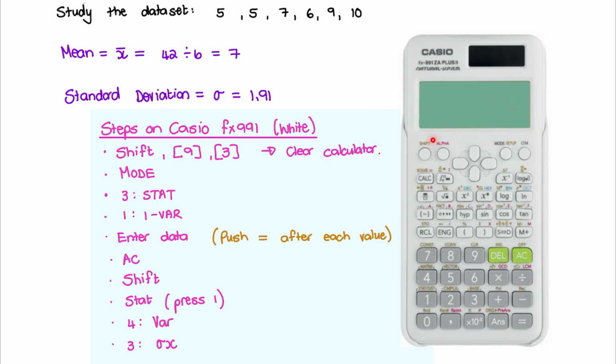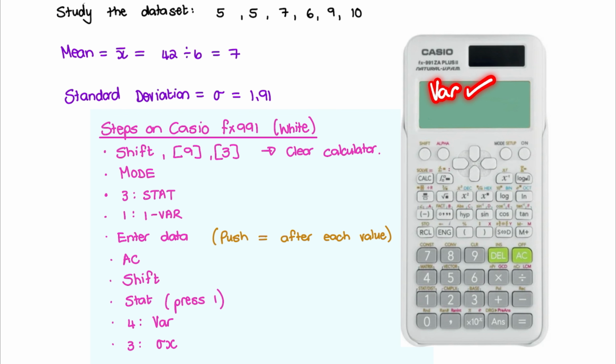Now you'll press Shift again, and then option 1 here that says Stat. Can you see above the number 1? It says Stat, so Shift 1 or Stat will open up a few options for you again, and you're looking for the option under variance or Var.